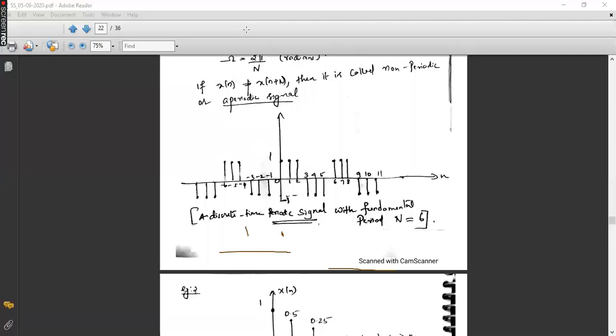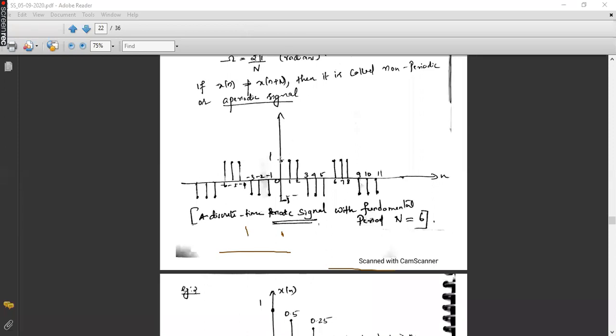Nishant, tell what is the time period. Is it 5 or is it 6? 6, sir. Okay.